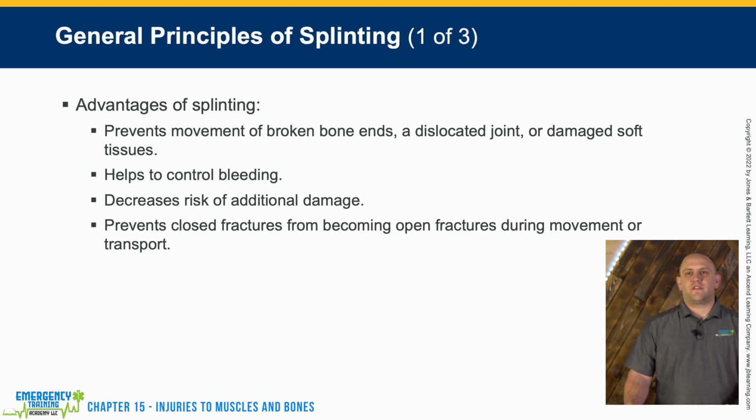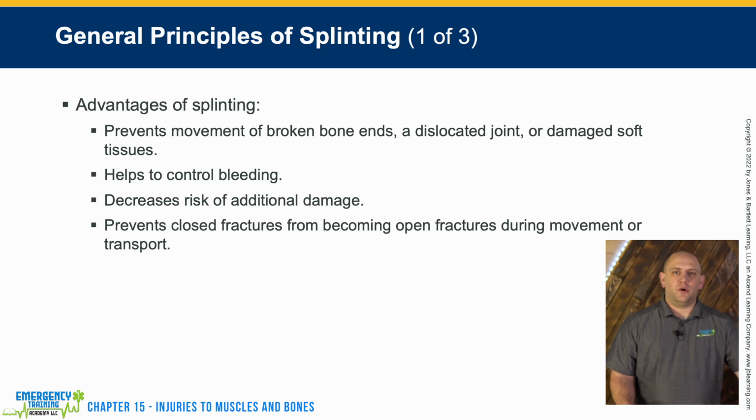It also prevents further damage to soft tissue. This in turn is going to help us control bleeding. It's going to also help to relieve some of the pain. A lot of that pain is from the movement of those bones. And so if we can splint it and put it in a position of comfort for them, then it'll make it more comfortable as we transport.